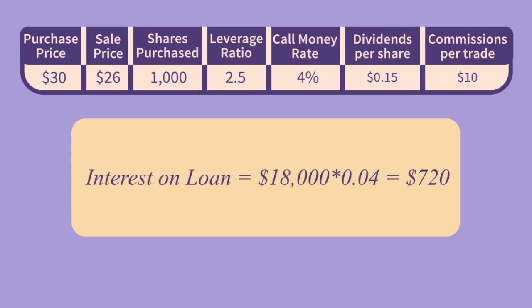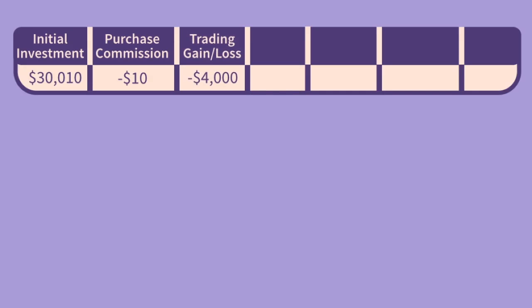Next, we need to calculate the remaining equity amount by taking into account the share price movement, dividends, commissions, and interest paid. We know that the shares were sold at $26, netting the trader $26,000, or a loss of $4,000.